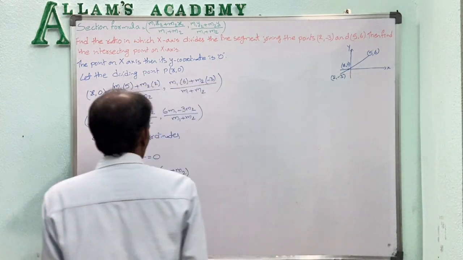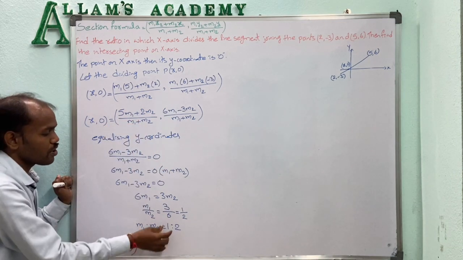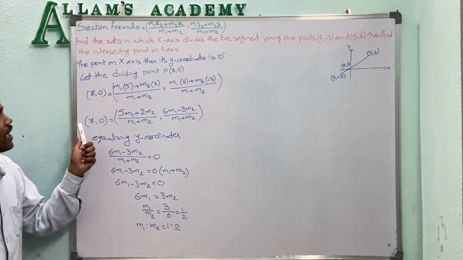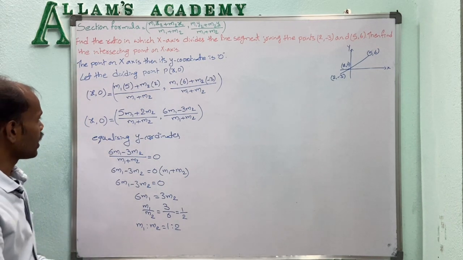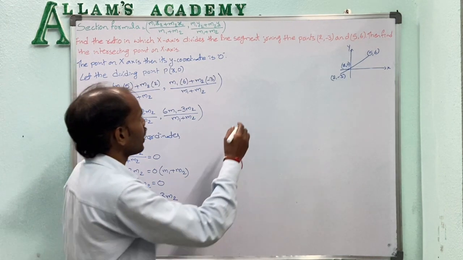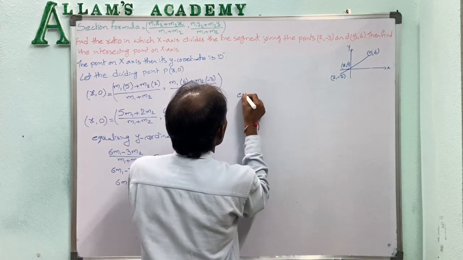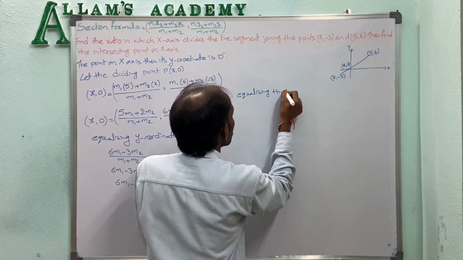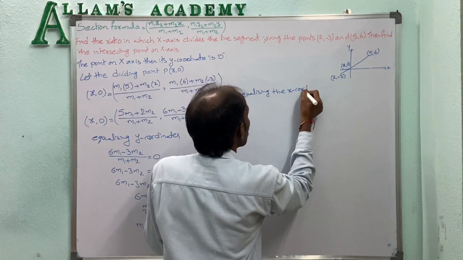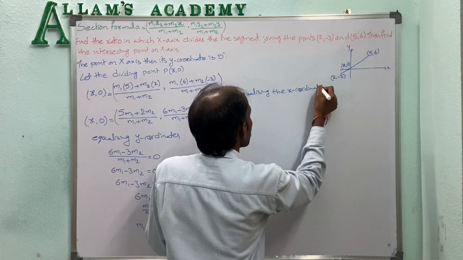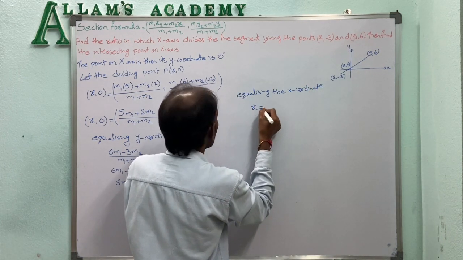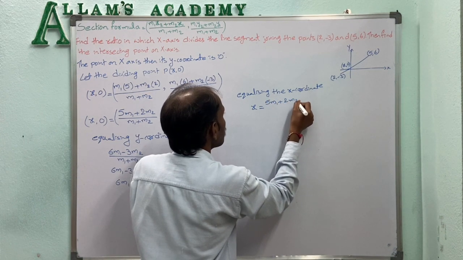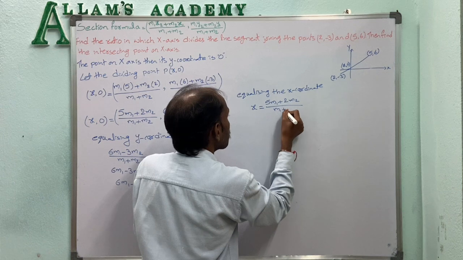So now in this equation we substitute m1 as 1, m2 as 2, then we get the x coordinate. So equalizing the x coordinate, x is equal to (5m1 plus 2m2) by (m1 plus m2).